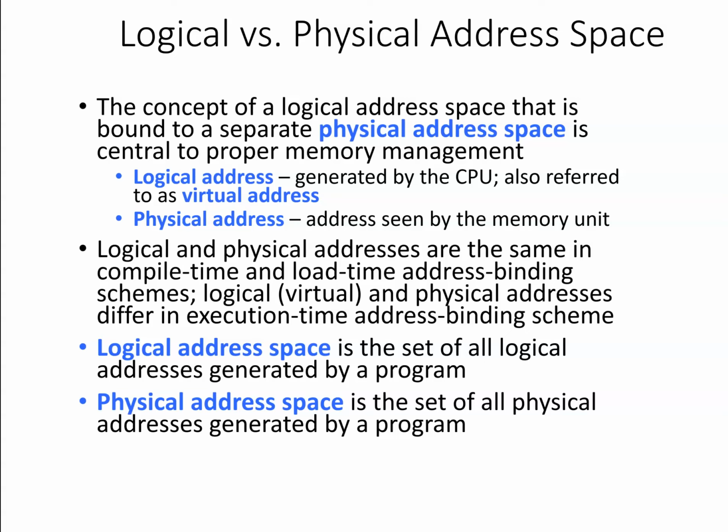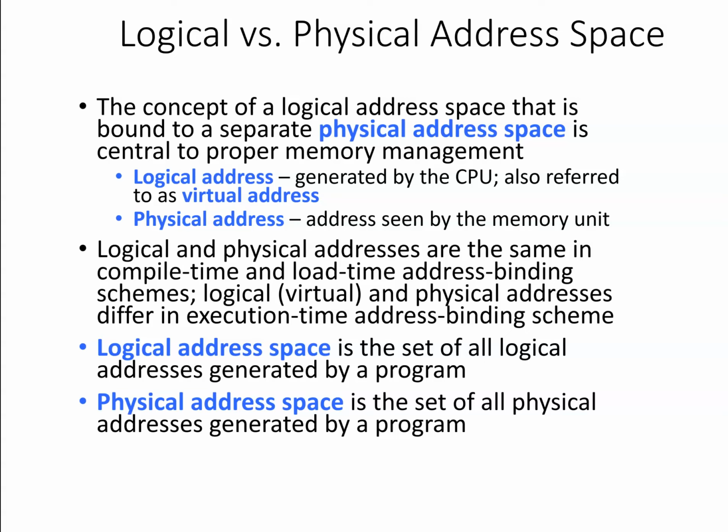One of the things we need to talk about is logical versus physical address space. A logical address is bound to a separate physical address space, and it is necessary to think like this for proper memory management. A logical address is generated by the CPU and can also be known as a virtual address.